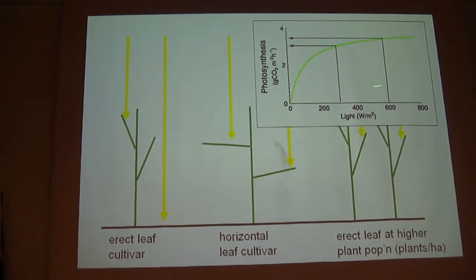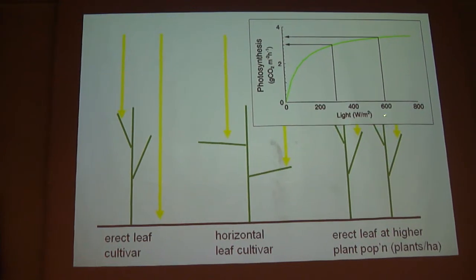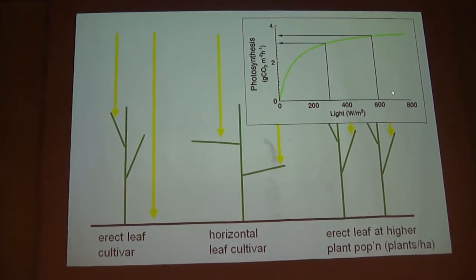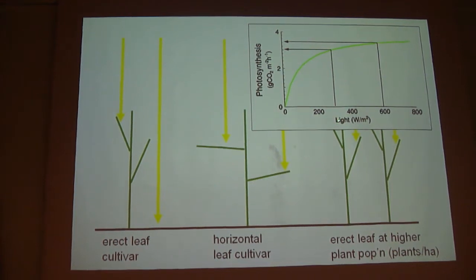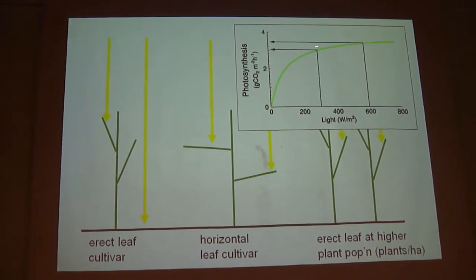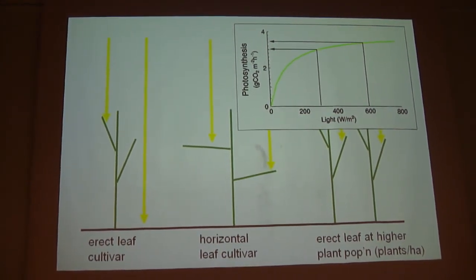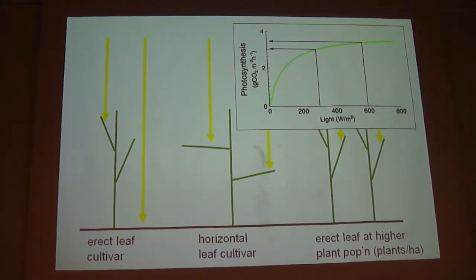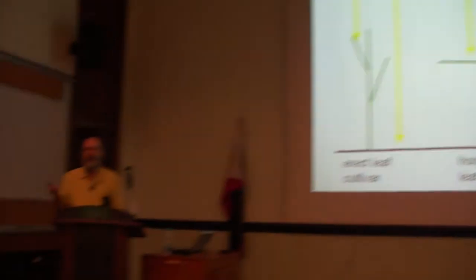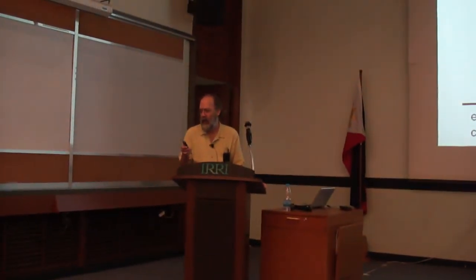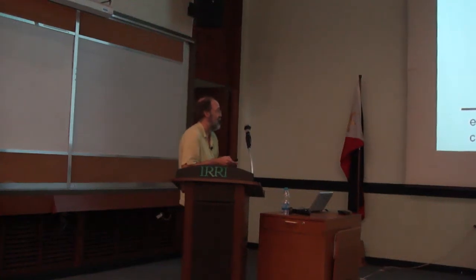Here what I've drawn is what happens if you take a horizontal leaf cultivar and tilt it up at an angle. It's only getting half as much light, but that results in only slightly less photosynthesis per square centimeter. But you have twice as many square centimeters illuminated, so the overall effect on photosynthesis is positive.